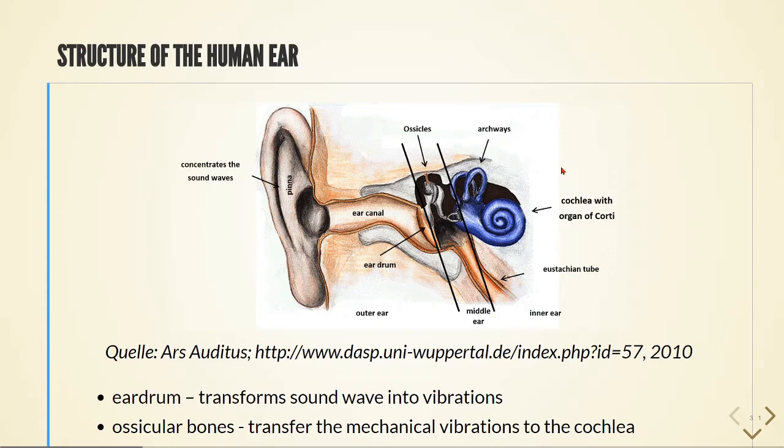Finally, we have the inner ear. In the inner ear, we have the cochlea, which is shaped like a snail, in a spiral shape, and it's embedded in the hard temporal bone. The cochlea is filled with a watery liquid, the perilymph, which moves in response to the vibrations coming from the middle ear via the oval window and propagates to the apex, which is the top or the center of the spiral.